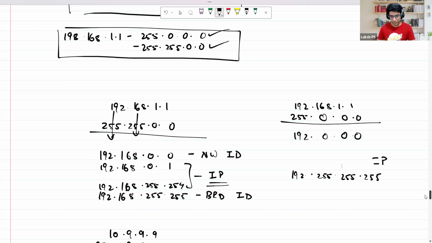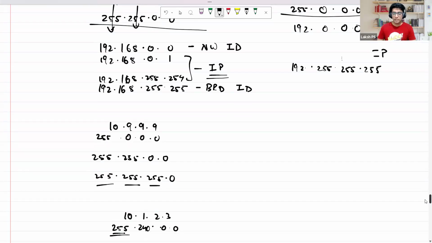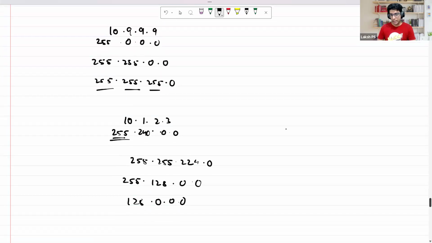And then we discussed that in real time we may not find address masks that look like 255.0.0.0, 255.255.0.0, and 255.255.255.0.